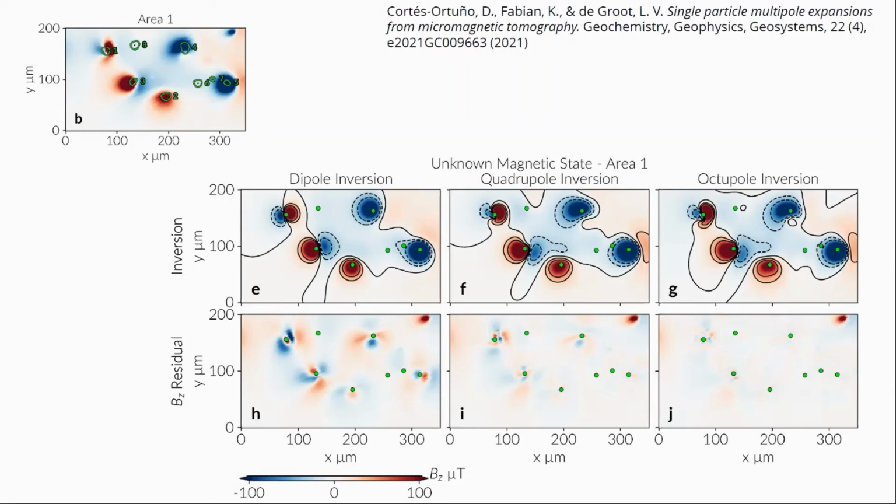However, although we can explain the magnetic field correctly, there is not much we can say about the internal structure of every grain. And what we are now analyzing is to figure out what's the magnetic state within the grain.